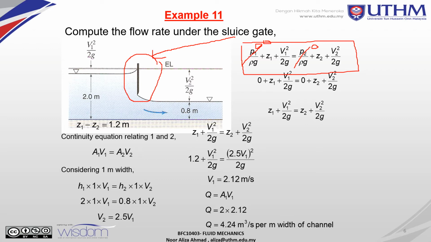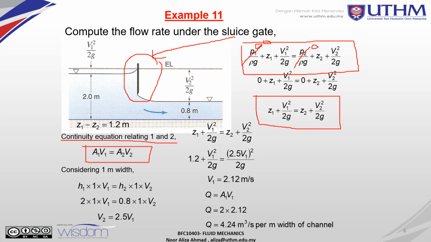So we get Z1 plus V1 squared over 2g is equal to Z2 plus V2 squared over 2g. Using the continuity equation relating 1 to 2, A1 V1 is equal to A2 V2. Considering 1 meter width, we get the area before the sluice gate, H1 times 1 times V1, equal to H2 times 1 times V2.